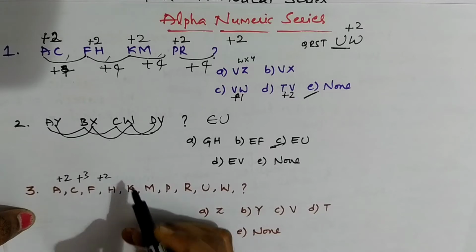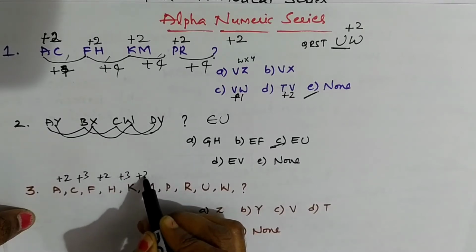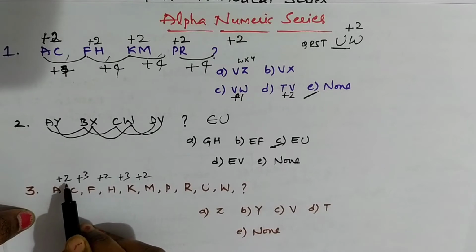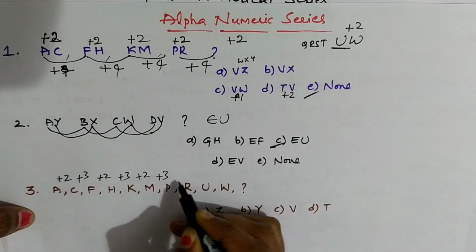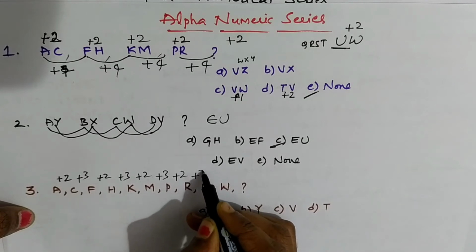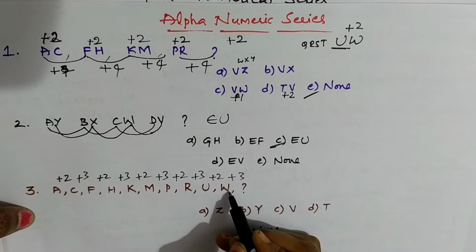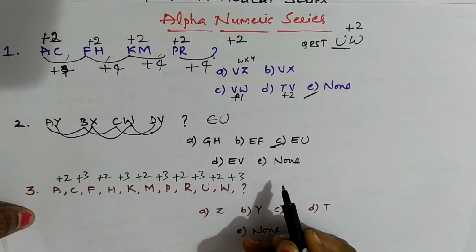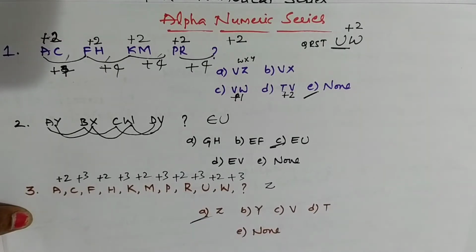I, J, K, +3. L, M, +2. So here we can observe that a +2 and +3 sequence is following. So directly write +2, +3, +2, +3. W, X, Y, Z. A is the right answer.